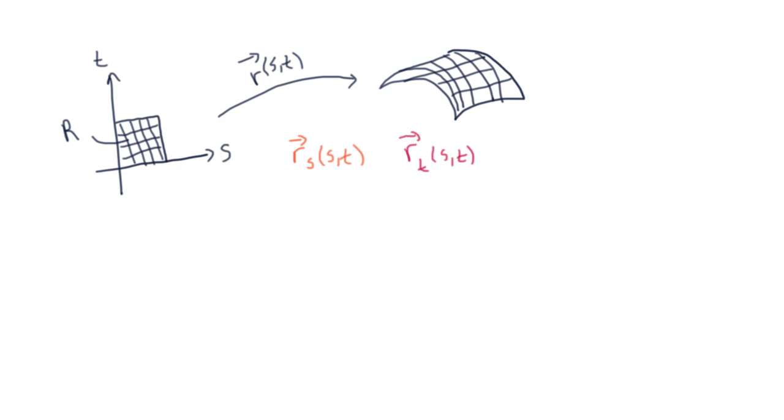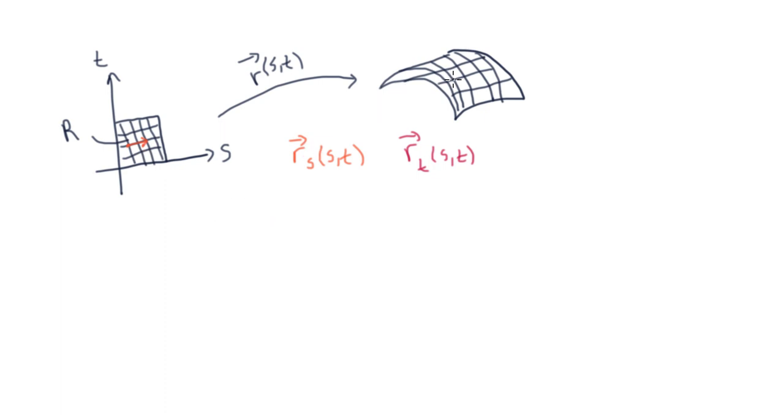But these vectors, r sub s and r sub t, I can actually draw what they are. Recall that when we take the partial derivative with respect to s, we're fixing a t and looking at the change in the s direction.